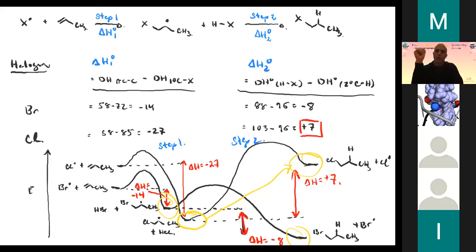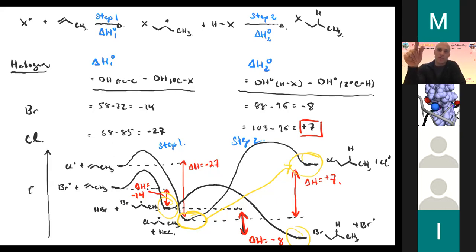But it's important to understand there are two ways to think about delta H. The first way is the overall reaction enthalpy, and we need that to be negative. But the second way, which is important, is that you need to consider the delta H of the individual steps, and you don't want any of those individual steps to be positive.